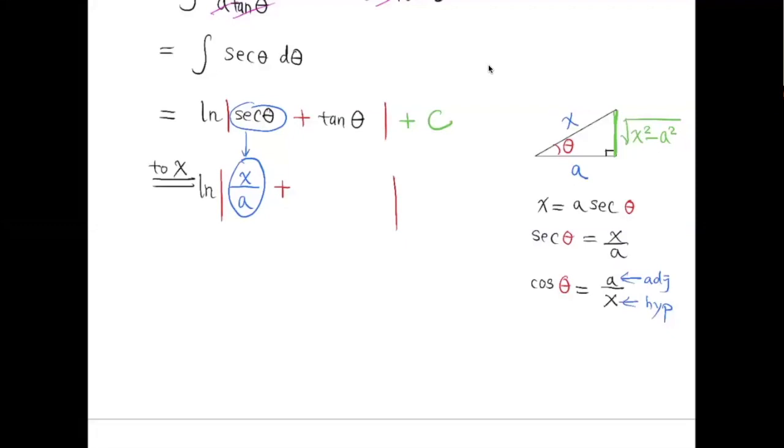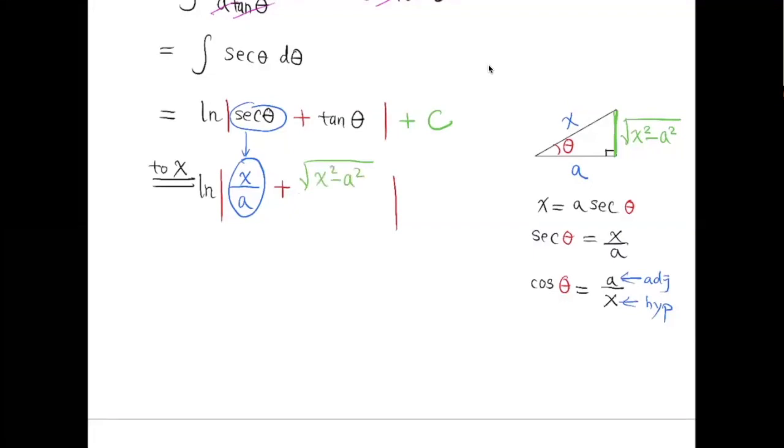I hope you can remember the trick. Sine over cosine, yes, but in terms of the sides of the right triangle, tangent theta will be opposite over adjacent, so this over a. So over here you have the square root of x squared minus a squared.